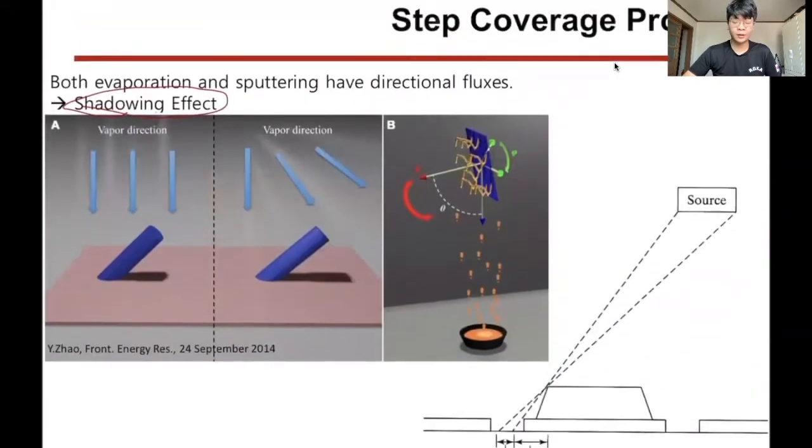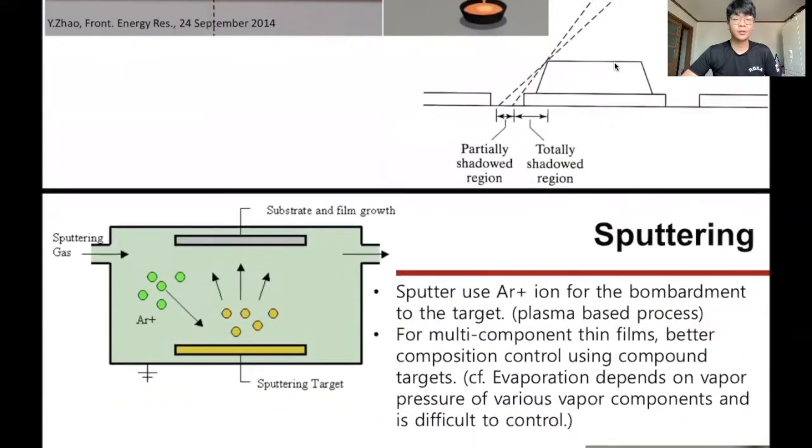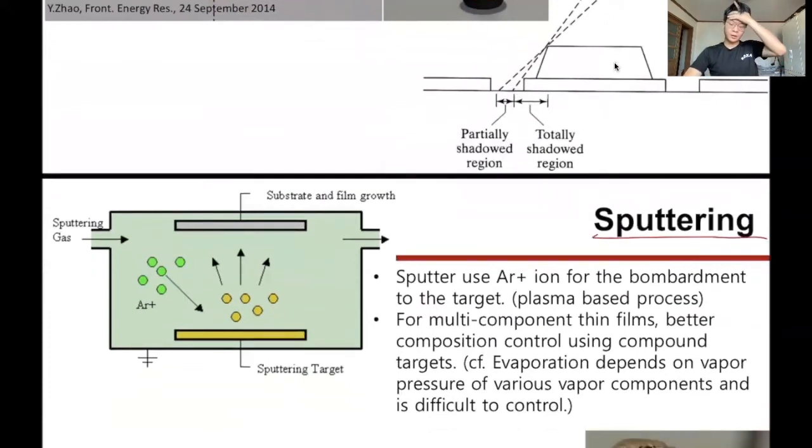Because of this shadowing effect, now we use sputtering. Sputtering uses ion hits: the argon ions hit the target materials, then the target materials are bounced off or evaporated, and then they hit the substrate, so they make films.